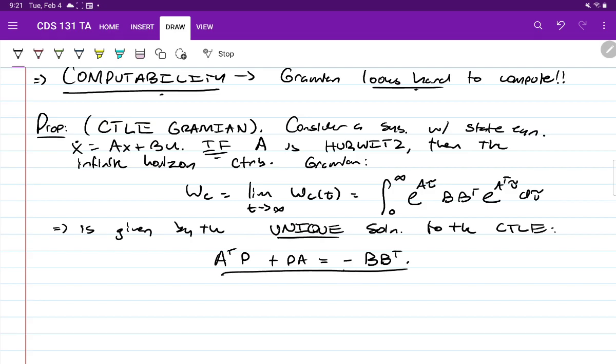Okay? So this is a really powerful result. It says that the limiting case of this Gramian is something that we're able to evaluate from this relatively simple matrix equation. All right?